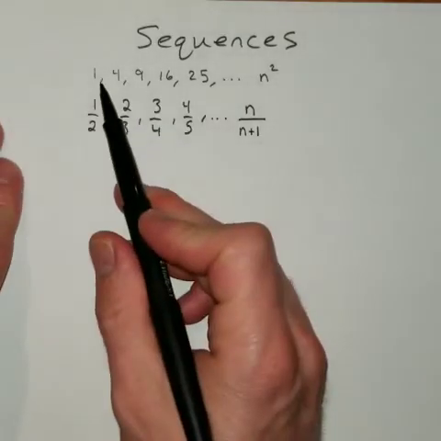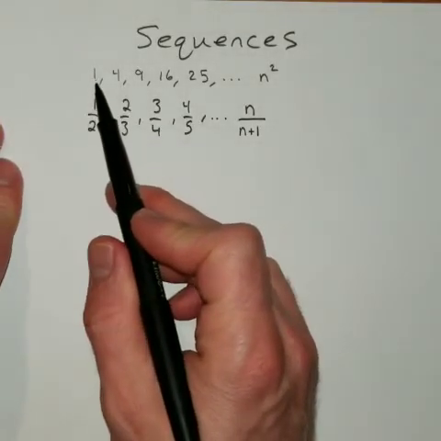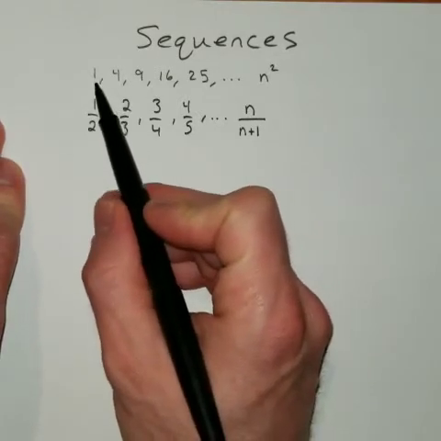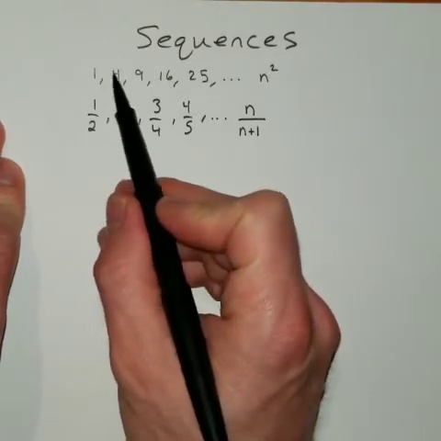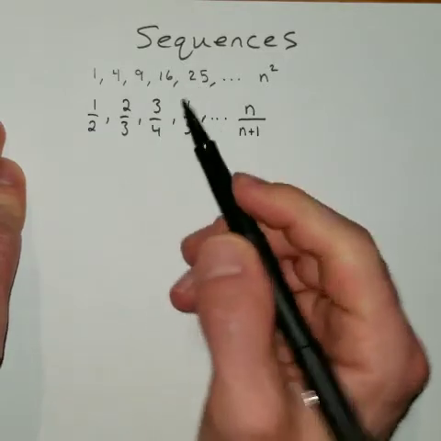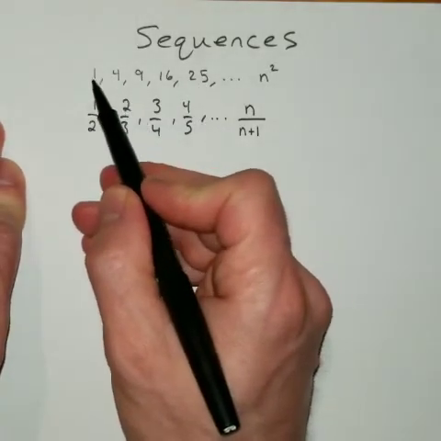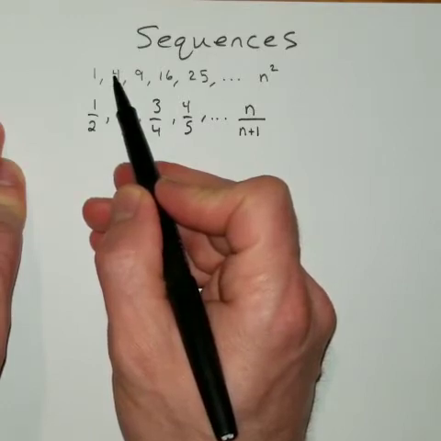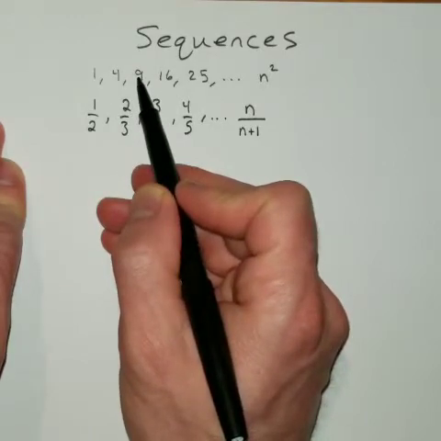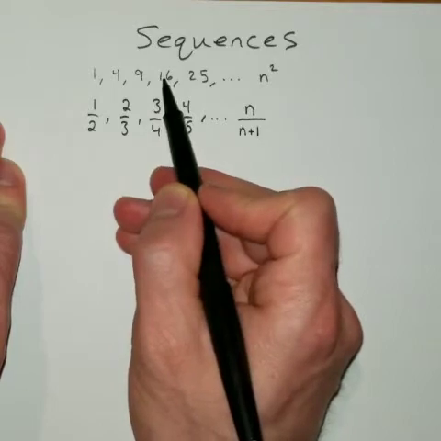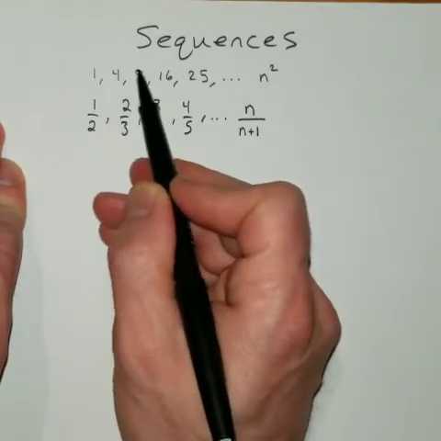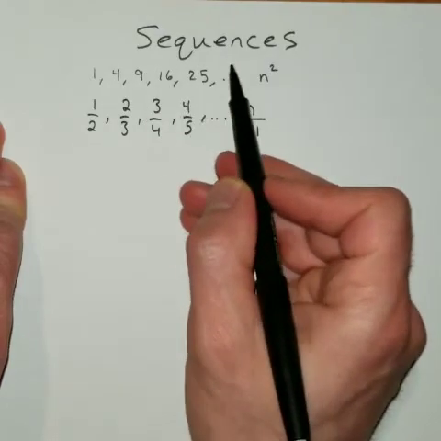Even in this squaring one, there's a pattern that I think is really neat. You've got the sequence of squares, but going from 1 to 4 you increase by 3, from 4 to 9 you increase by 5, from 9 to 16 you increase by 7, 16 to 25 you increase by 9, so the increase is a consecutive odd number.